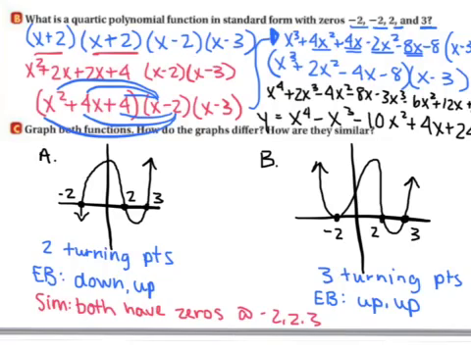Why do these graphs have the same zeros, but one's a cubic and one's a quartic? Or why do these graphs have the same zeros, but they look different? These graphs have the same zeros, but what's different? Connor?